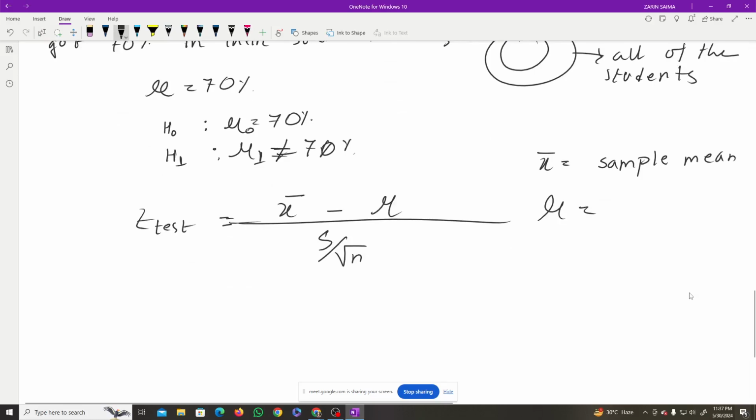The mu is the hypothesized mean, and this part is your standard error.